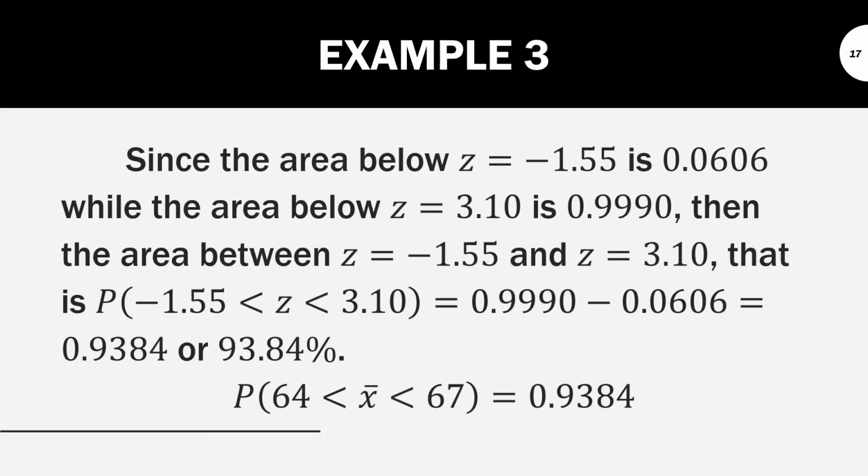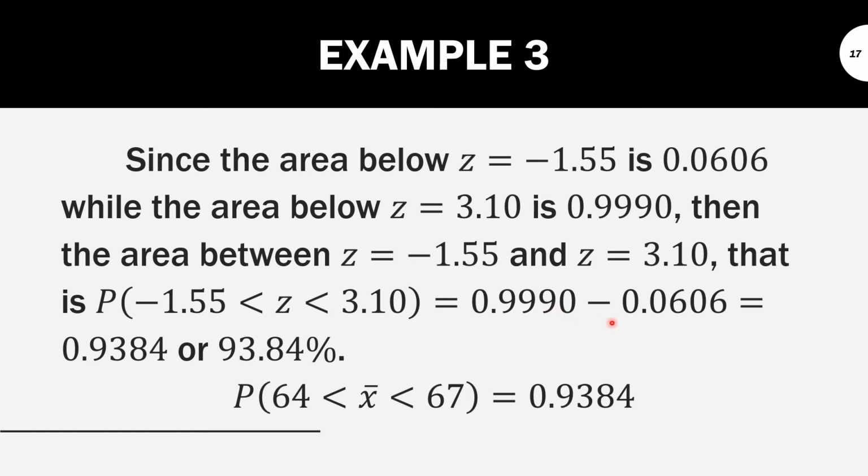Using the table, the probability that z is less than negative 1.55 is 0.0606, and the probability that z is less than 3.1 is 0.9990. So what we are going to do here to find the probability that z is greater than negative 1.55 but less than 3.1 is we are going to subtract the smaller obtained value from the bigger obtained value.